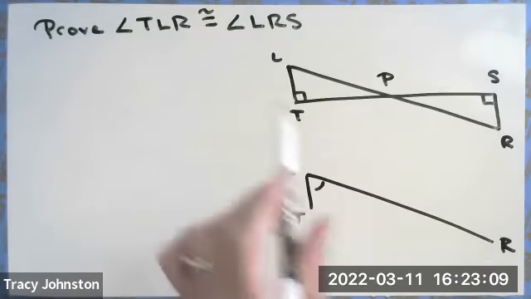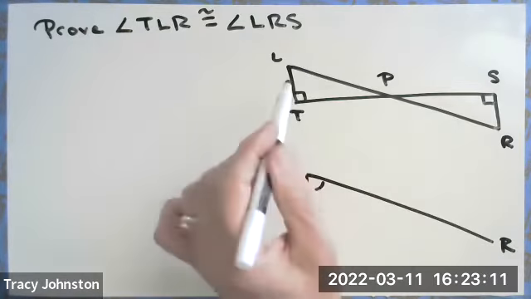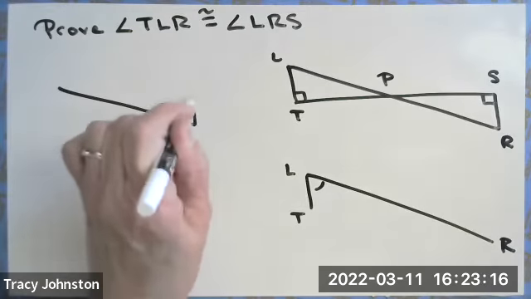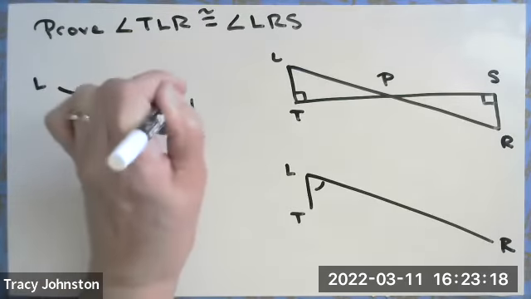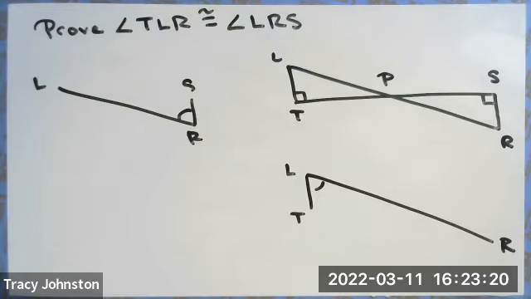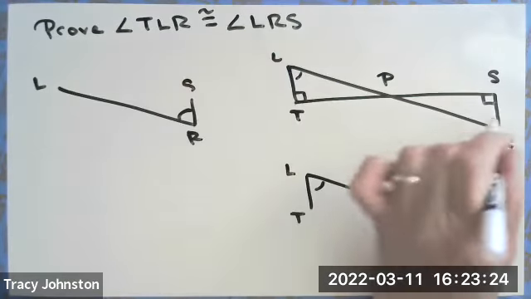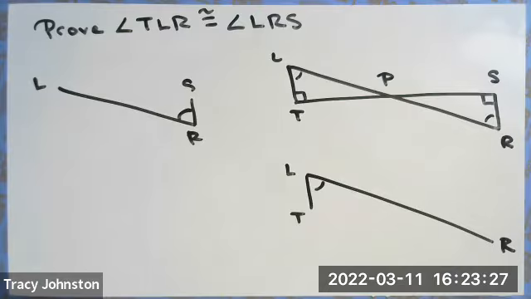And then the same thing for angle LRS, we can view it as this LRS. And so we're interested in that angle. So really what we're going to do is try to prove that this angle is congruent to that angle.